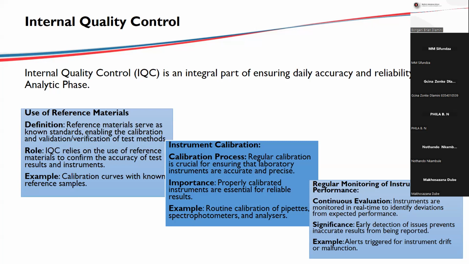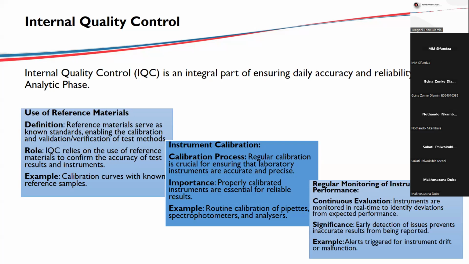Then regular monitoring of the instrument's performance. Continuous evaluation is monitored in real time to identify deviation from the expected performance. So it is very important to regularly monitor to see if our instruments are still working according to what they are supposed to. Its significance is early detection of issues, preventing inaccurate results from being reported.